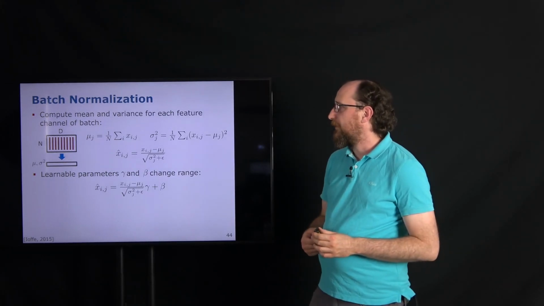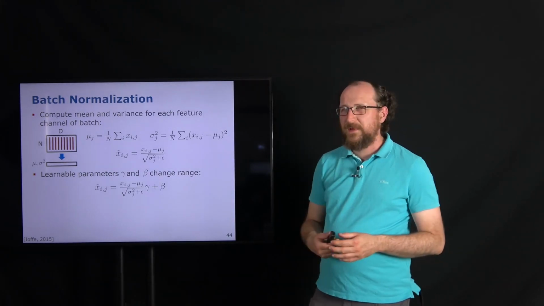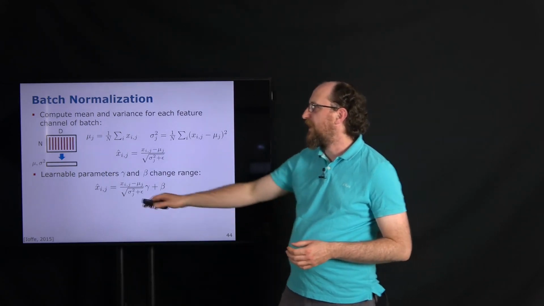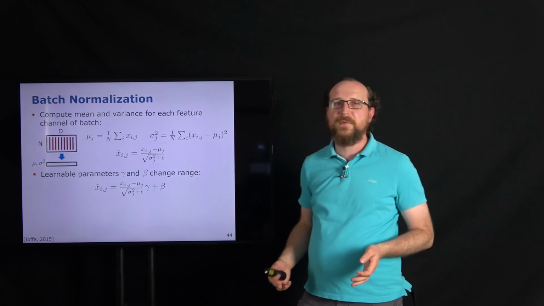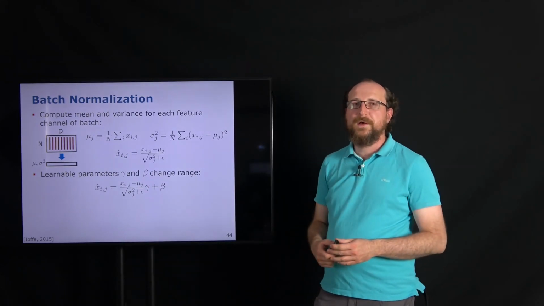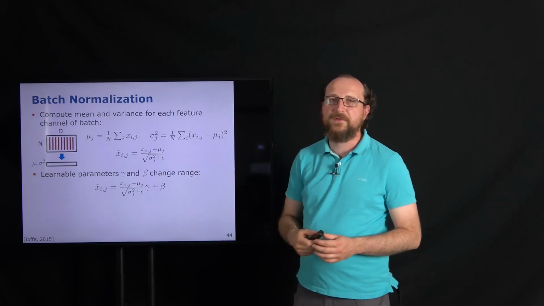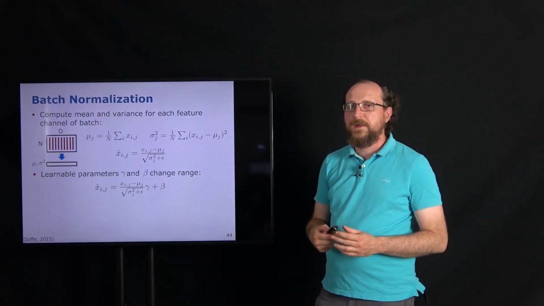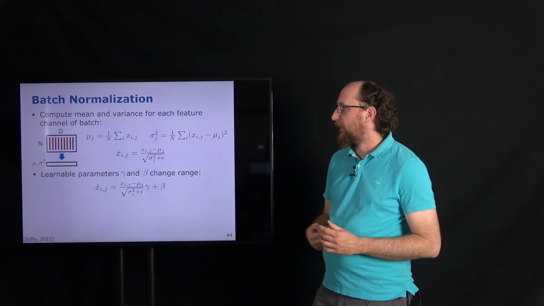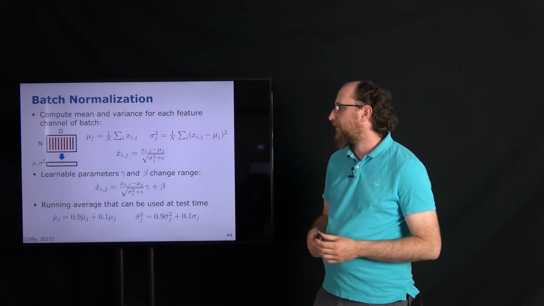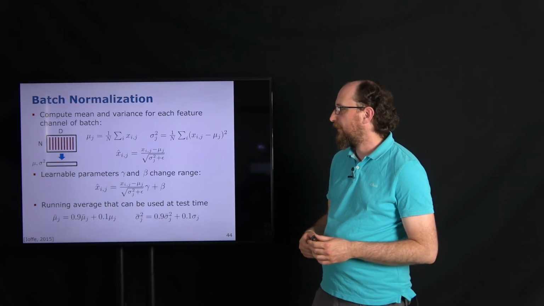batch normalization. The problem that you maybe notice is that during training we have a batch, but when we want to apply it to a single image, we cannot compute the batch statistics anymore. Therefore, one idea is to have a running average over the batch normalizations over time.